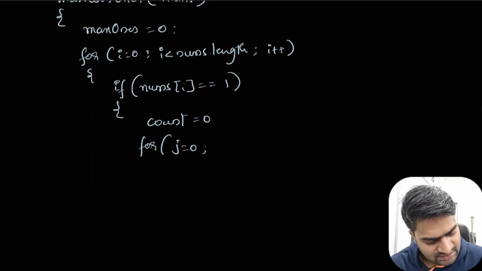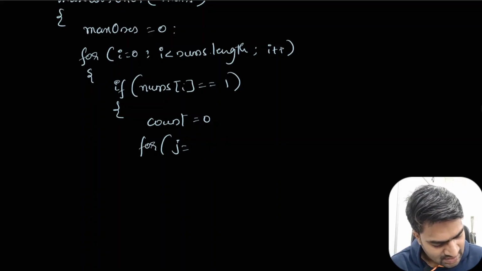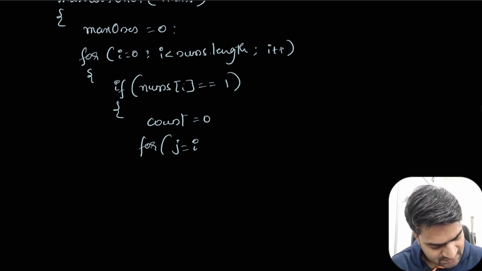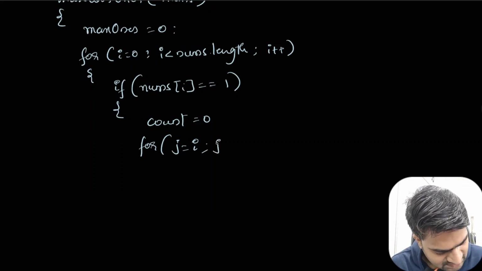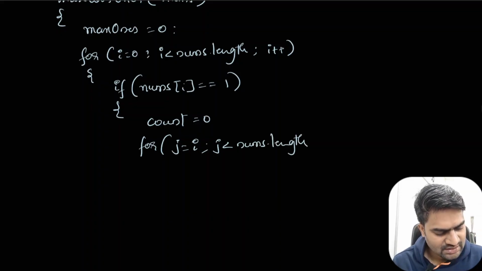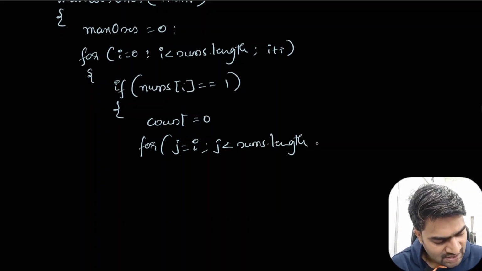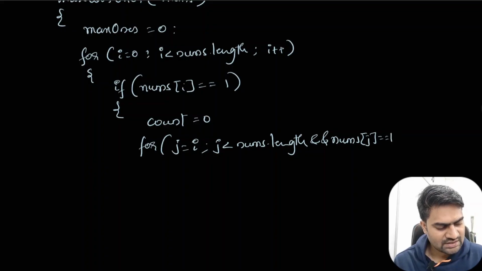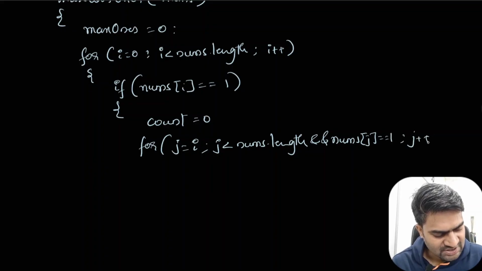Rather, it will be i because we will start from that particular value. So j equal to i, j less than nums dot length, and I will add one more condition along with this, and nums of j equal to 1, then j plus plus.